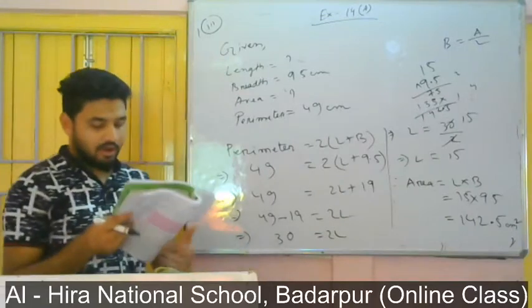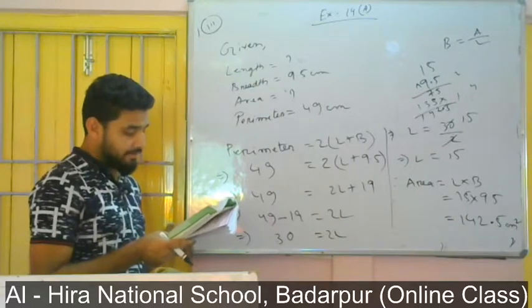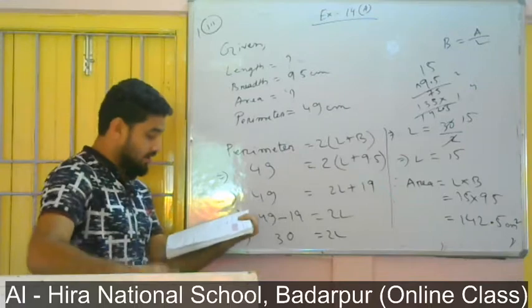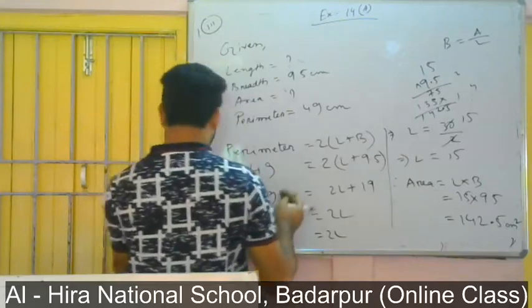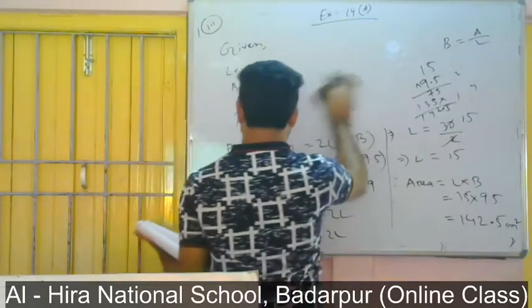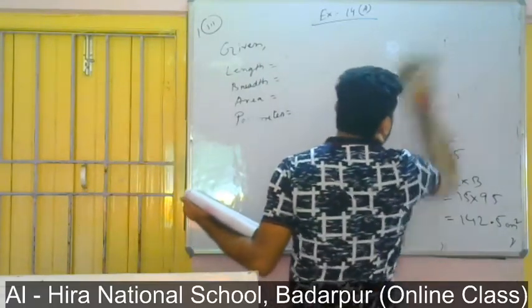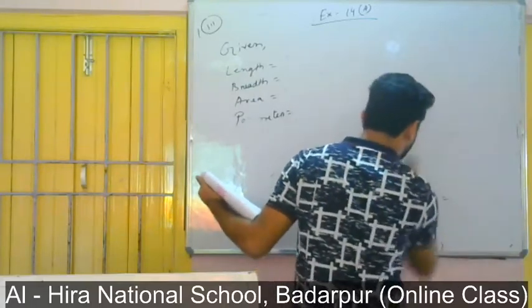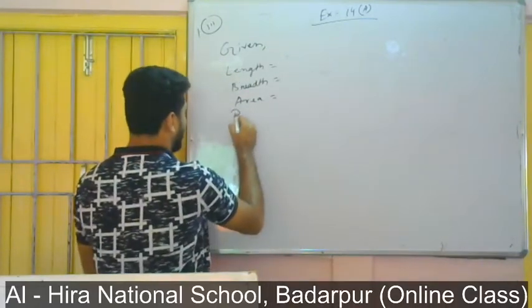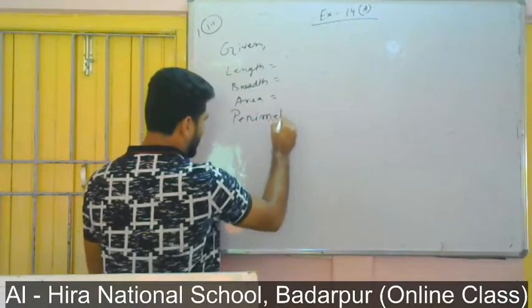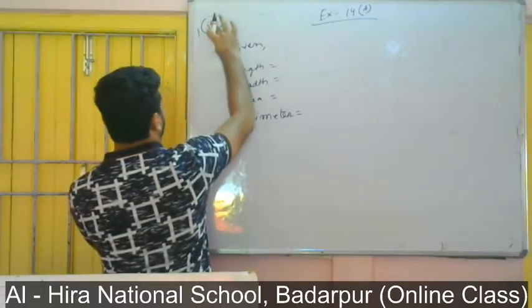Now come to question number 4. Length is not given, breadth is given, area is given. We have to find the perimeter.